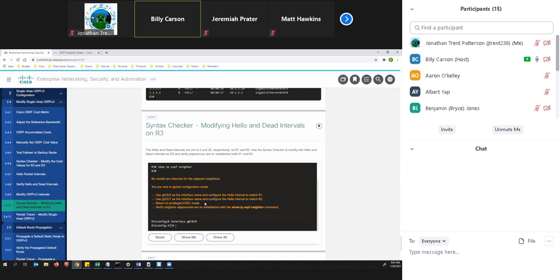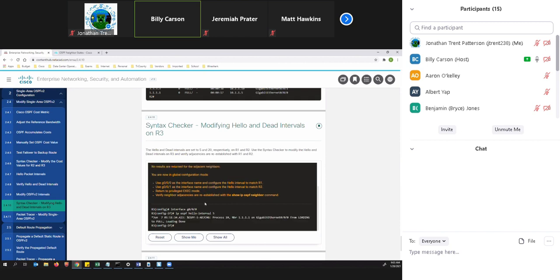We want to change that hello command to match R1. What was R1? It was 5 seconds is what they changed it to, wasn't it? IP OSPF hello interval. Man, typing these full commands out kills me. It was changed to 5. So okay, there it went.